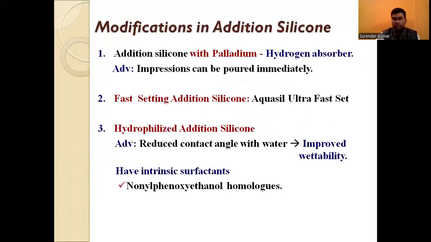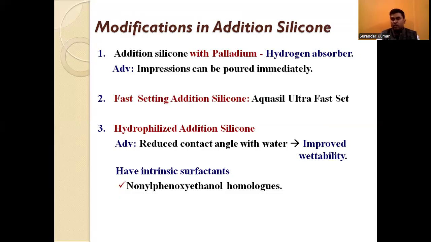Coming to recent developments: modifications in addition silicones, they have added palladium, which acts as a hydrogen absorber. So the advantage is that impressions can be poured immediately. There are fast-setting addition silicones, like Aquasil Ultra Fast Set, and hydrophilized addition silicones.